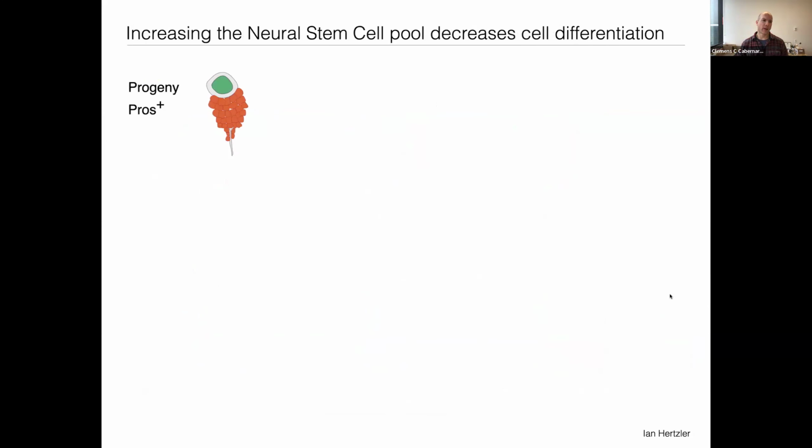Now we can use these RNA-seq data sets to essentially ask, how does that affect differentiation? Having more stem cells could mean we should also get more differentiated siblings. In wild type, one marker we can use to assess all types of neurons is prospero.